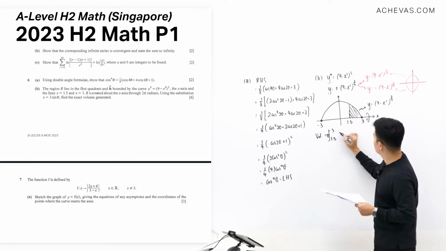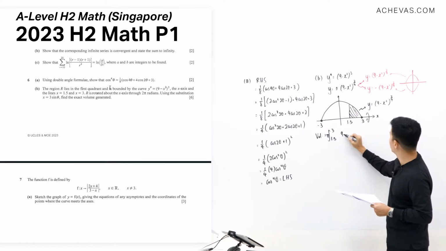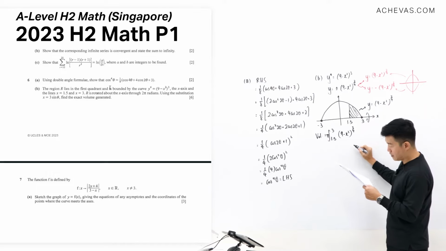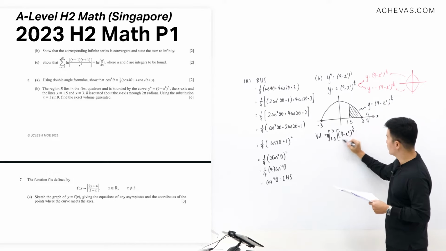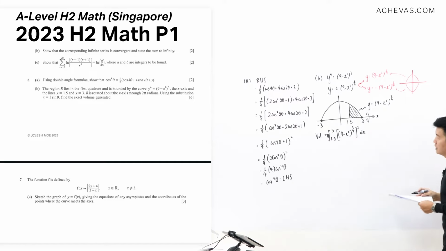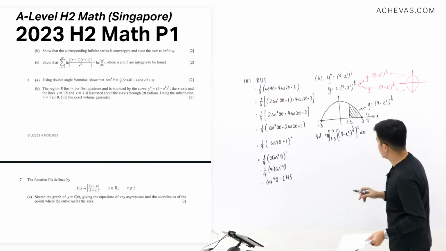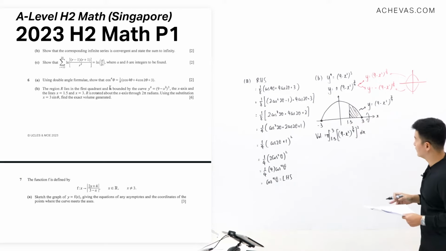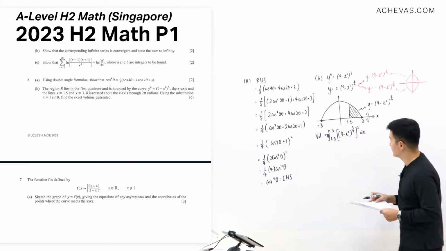Pi should be outside here, and we are going to take this 9 minus x squared to the power of 3/4. We are going to square this. Okay, so this is going to be the integral that will represent the volume that is going to be generated when this region is rotated by 2 pi about the x-axis.